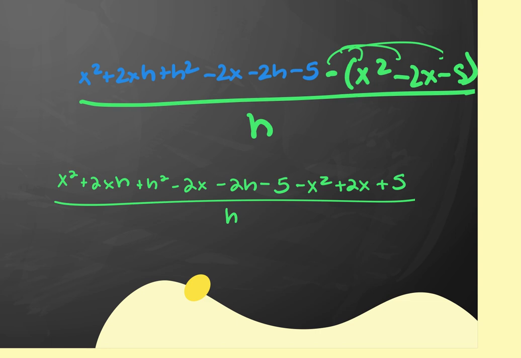Now we combine like terms. X squared and negative x squared cancel out. Negative 2x and positive 2x cancel out. Negative 5 and positive 5 cancel out.